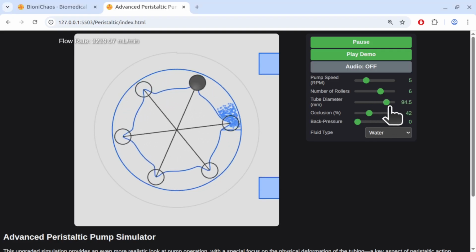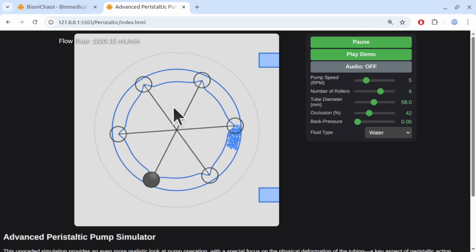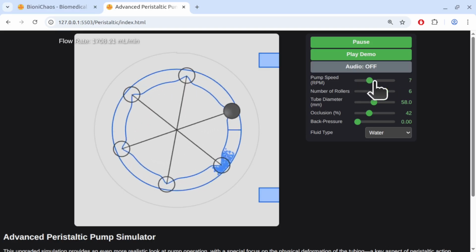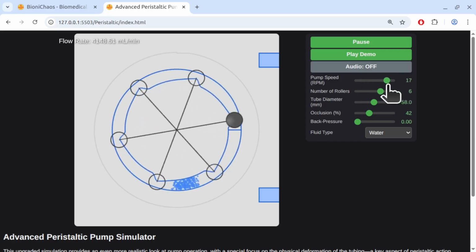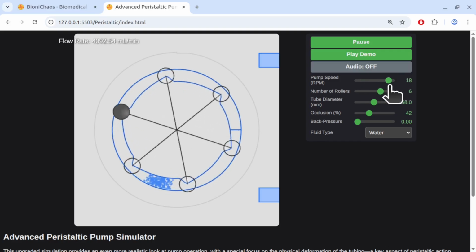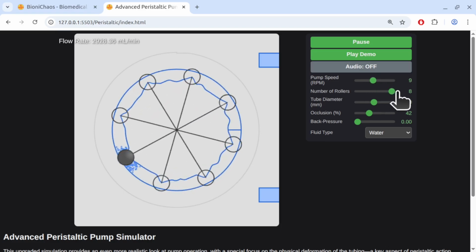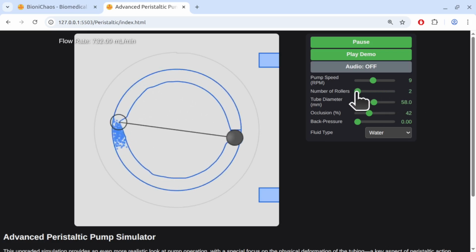So all the values do affect it, which is correct. But can we also check the animation itself? So when we actually change the speed of the pump, the animation is going faster. The liquid particles are moving faster. But when we change the number of rollers, they don't seem to change.